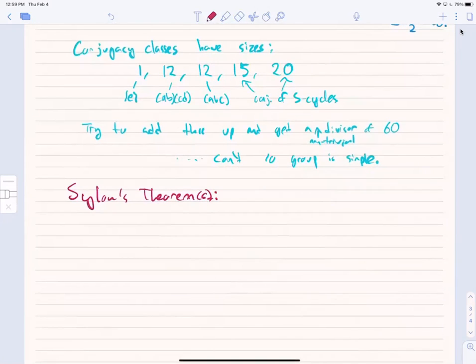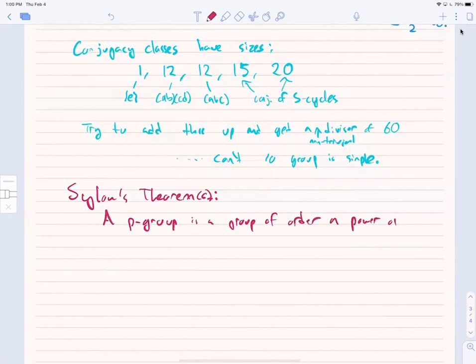So a P group is a group of order a power of P. So here P is a prime number.